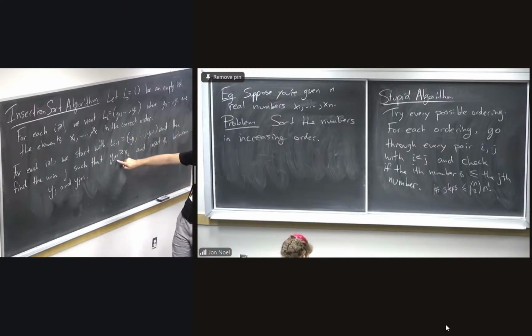And maybe I should say, if there is no such j, then we would just put xi at the end, right? Okay, so this is better.